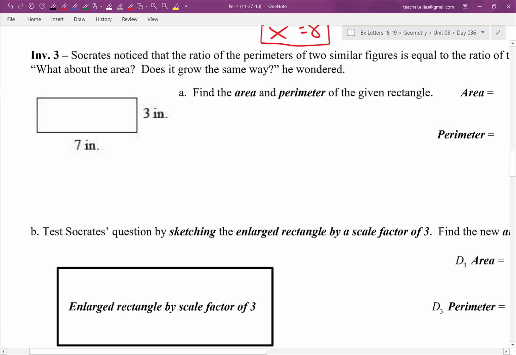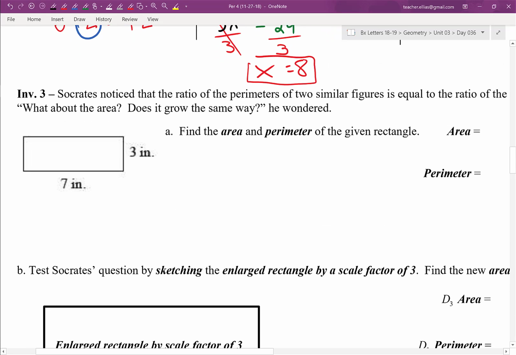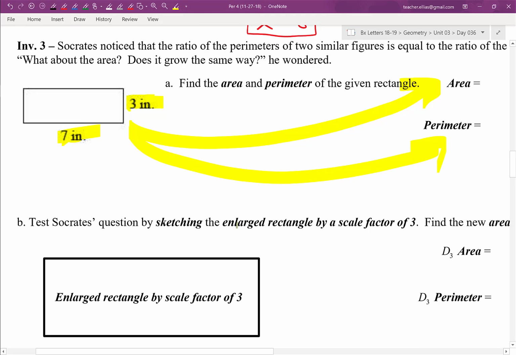I'm gonna give you 5 minutes to do this, but please listen right now. You have things written on your paper. Please wait. Don't assume. Just do this activity in this order. Use those things to figure out area and perimeter. Then pay attention.